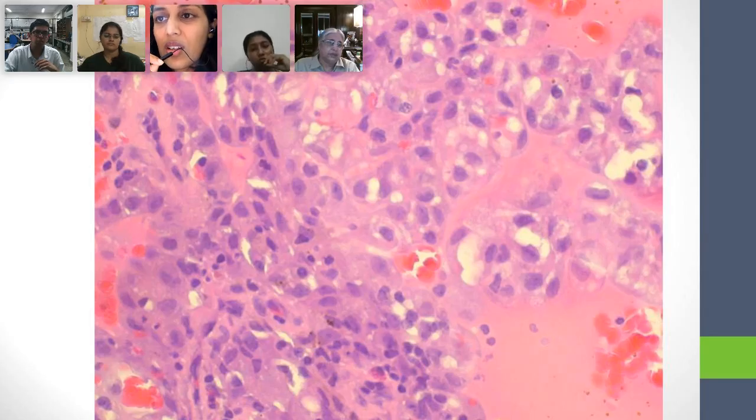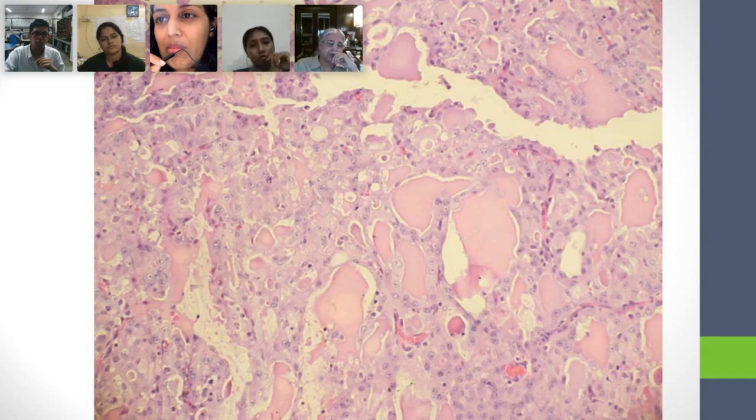All right, so they're pale nuclei, but you really can't see much of the nuclear structure here, right? It's covered in secretions. What about this now? This is another part of that tumor.